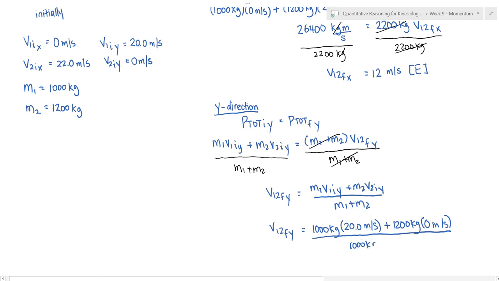M1 was 1,000 kilograms, plus M2, which was 1,200 kilograms. And now we can just type all of this up on our calculator. So we have 1,000 times 20 plus 1,200 times 0 divided by 1,000 plus 1,200, which is 9.09.